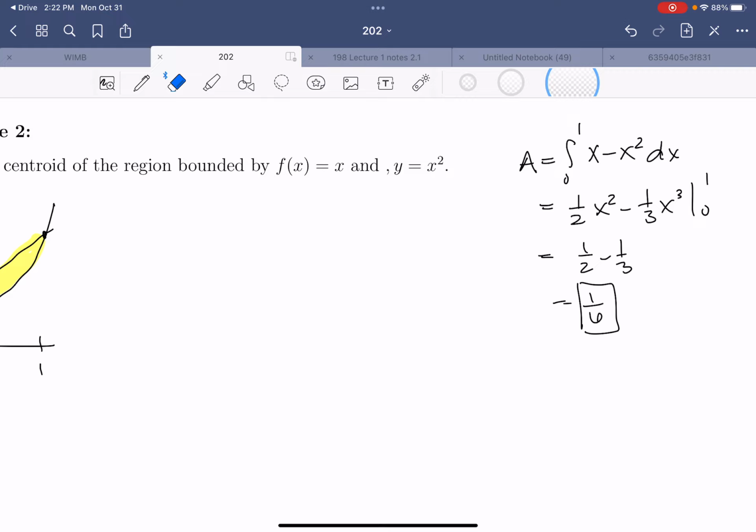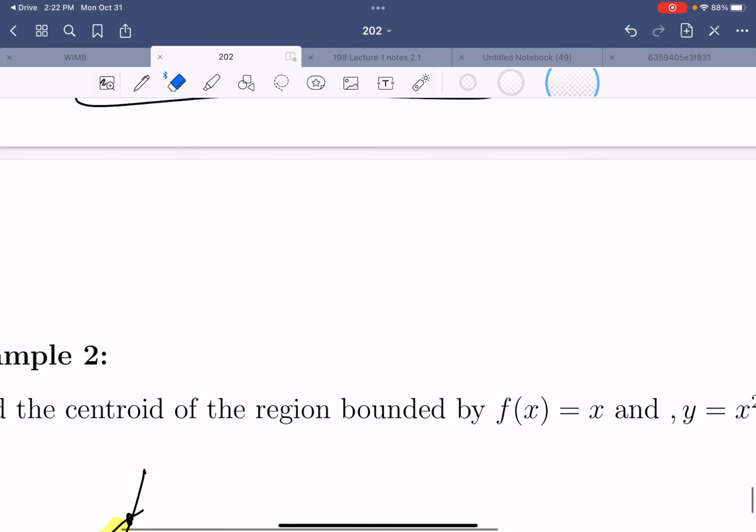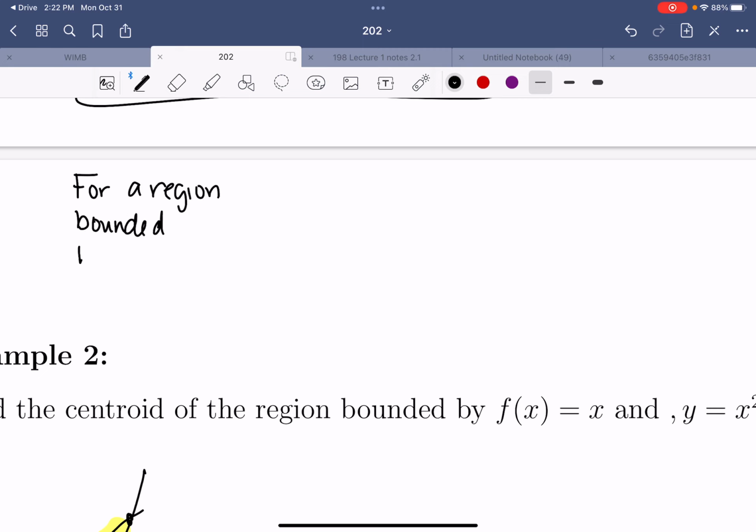Okay. So with discs and washers, when you think about this, for a region bounded by two functions, f of x, where f of x is greater than or equal to g of x.